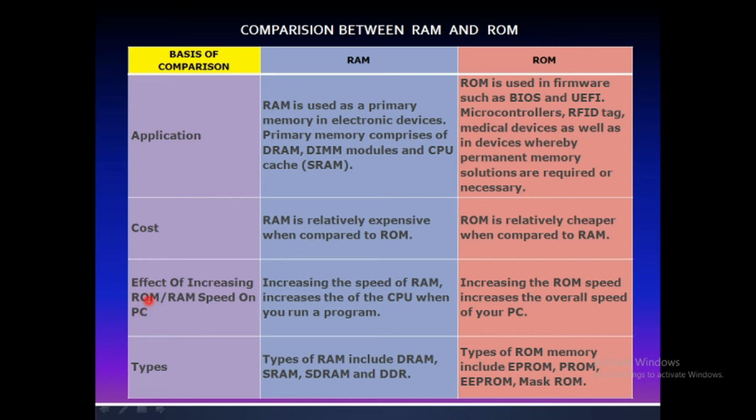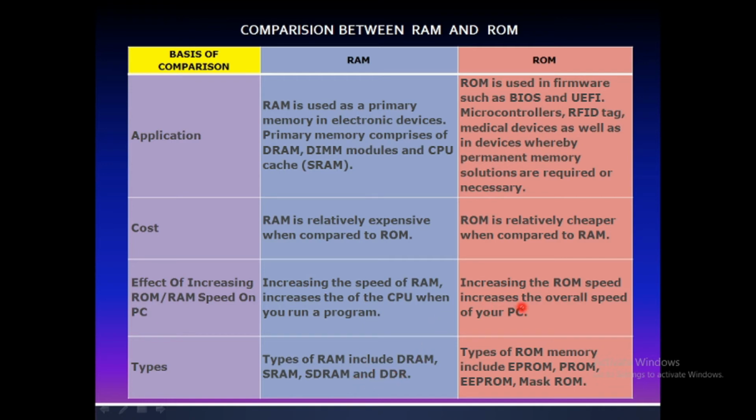Okay. So the effect of increasing the speed on the PC. Increasing the speed of RAM increases the capacity of the CPU when you run a program. Increasing the ROM speed increases the overall speed of the PC. Coming to the types, types of RAM include dynamic RAM, static RAM, SDRAM, and DDR.